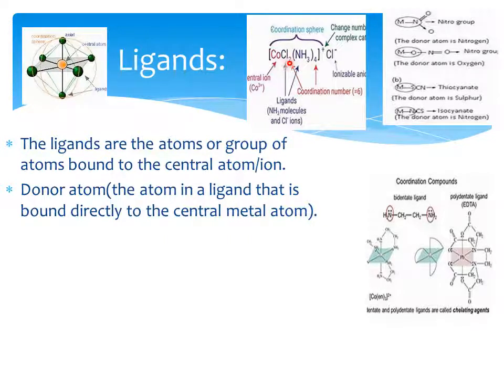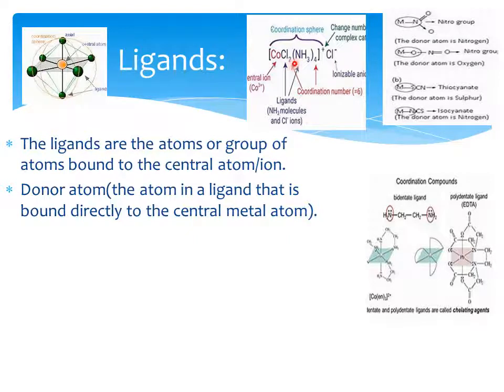For an atom you can take the example of Cl. Cl minus is an atom, and there are two Cl, so that is Cl2. A group of atoms means, for example, ammonia, that is ammine, NH3, nitrogen and hydrogen together. Whatever else is present inside the coordination entity other than the central metal ion is called a ligand, and you all know the ligand is otherwise called a Lewis base, because it is an electron pair donor.